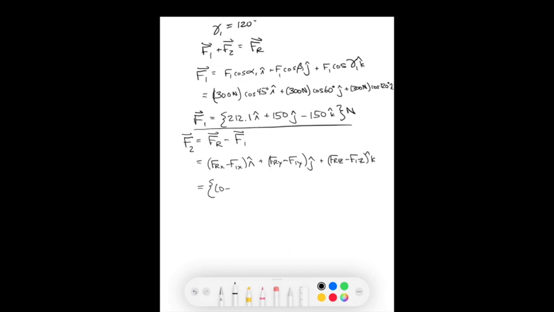There's no x direction for the resultant force because it only acts in the y direction. Same thing for the z, no z. And this is a minus minus, so that becomes a plus here.